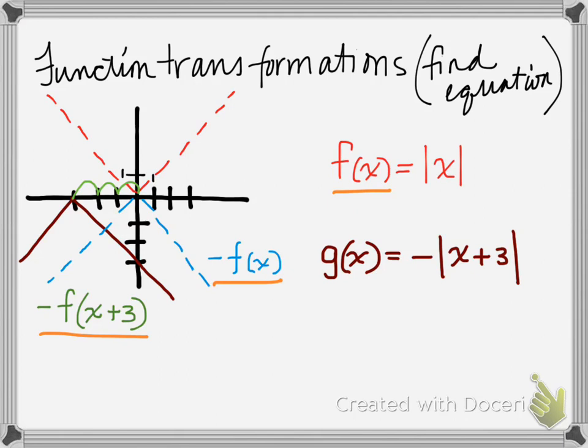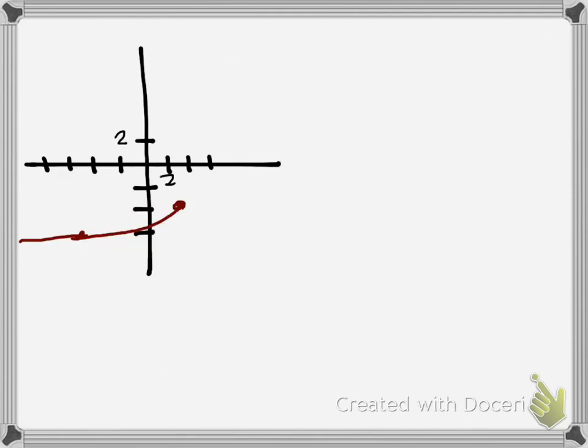Okay, so let's look at another one. Now this one, we're recognizing, hopefully, the radical function. And I like this way that I'm doing it, where I keep track of all of the steps. So I'm not trying to do it all at once.